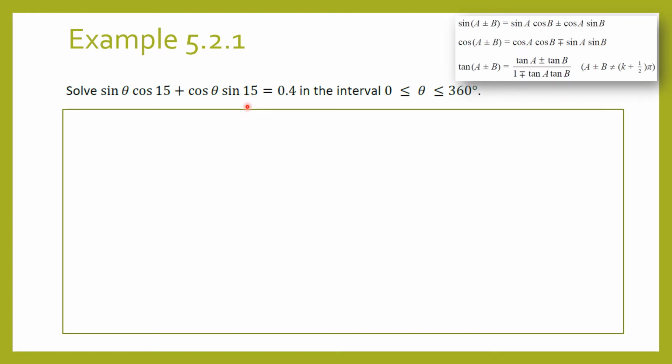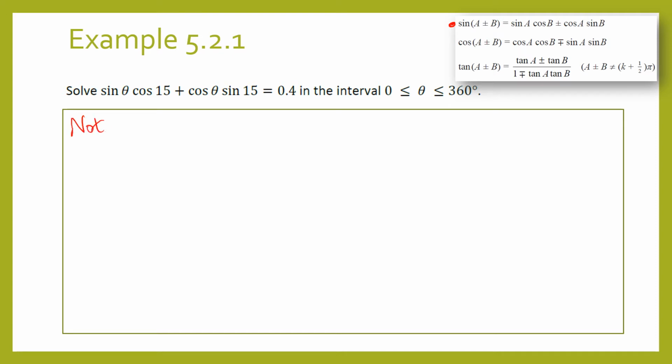Well, here is a copy of what we get in the formula book. Here are the addition formulae. And I hope you noticed that what we have here fits the pattern of sine A cos B plus cos A sine B. So we're going to be making use of the sine addition formula.